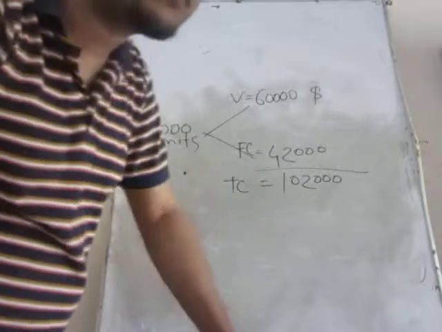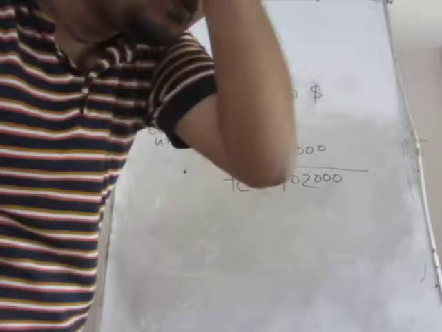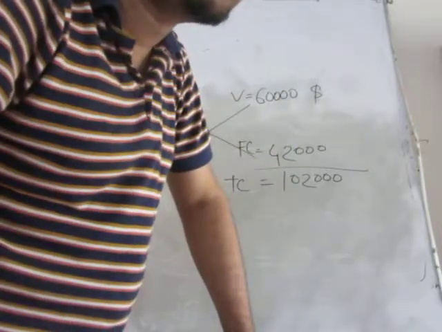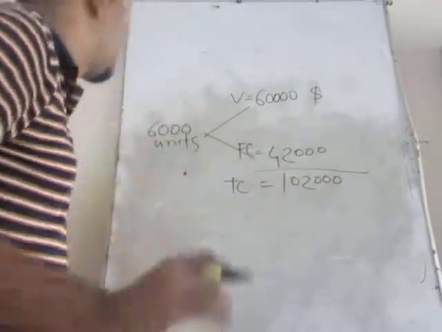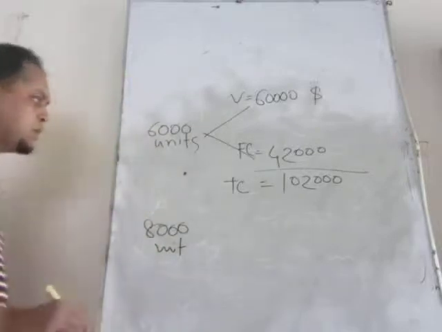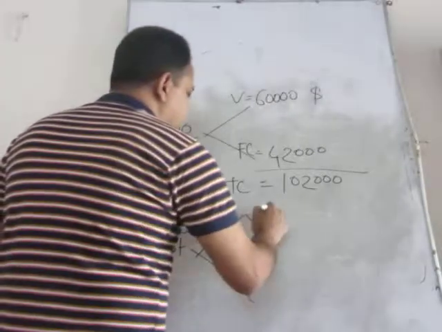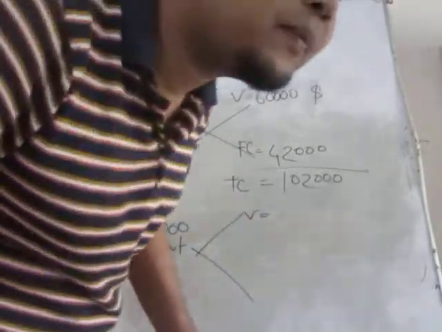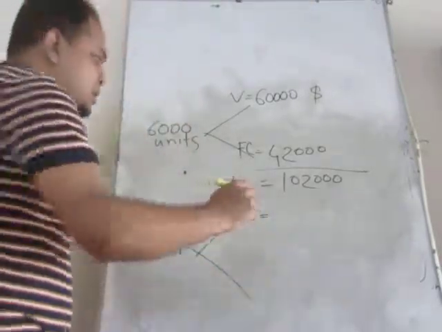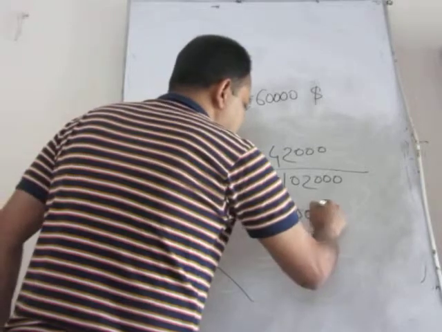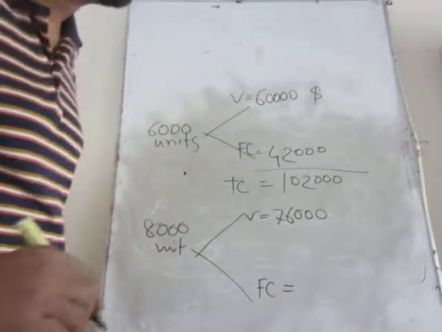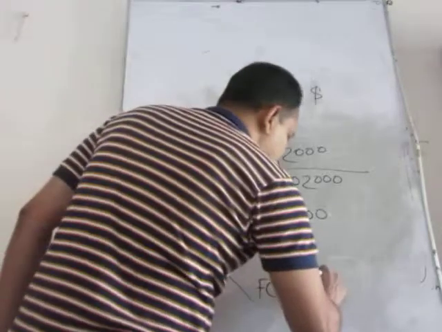Okay. Then it says production will increase to 8,000 units, but when you are producing 8,000 units, your variable cost is 76,000, and fixed cost is how much? 50,000.